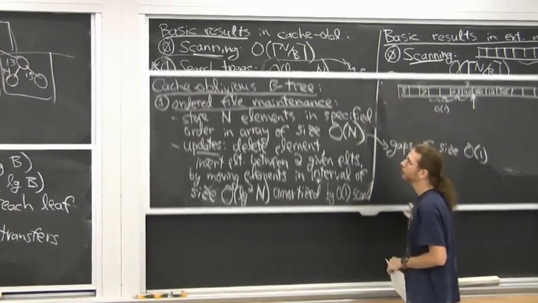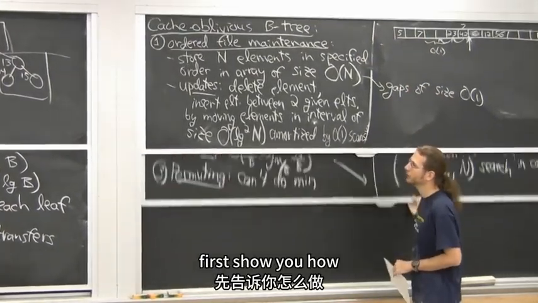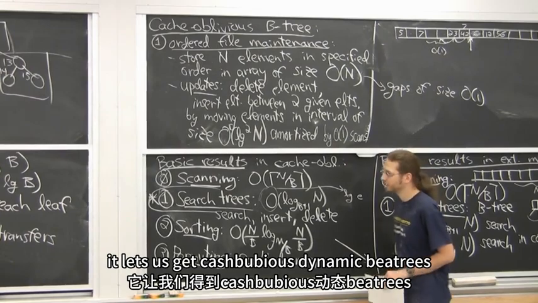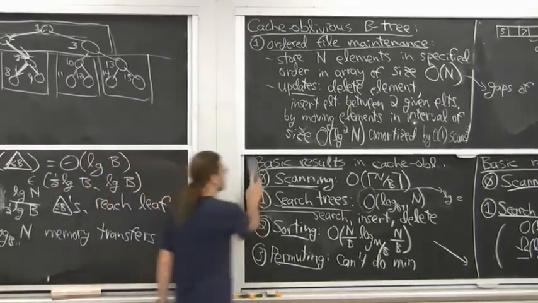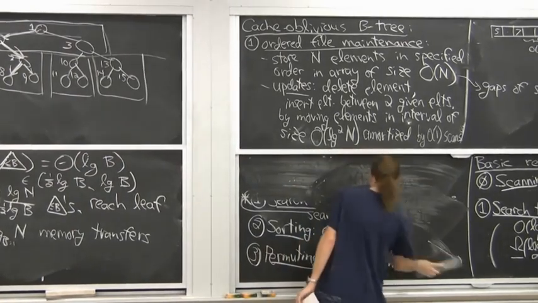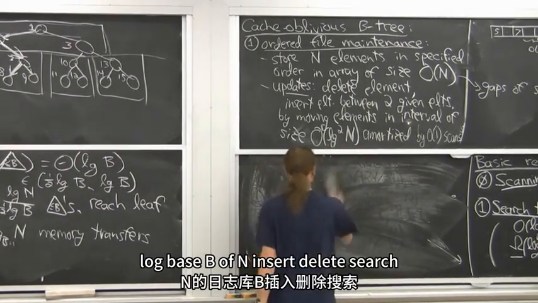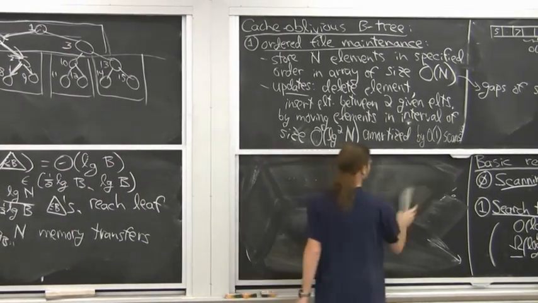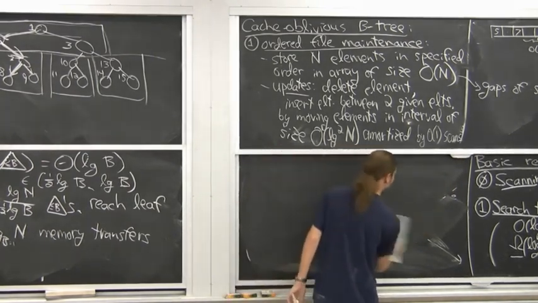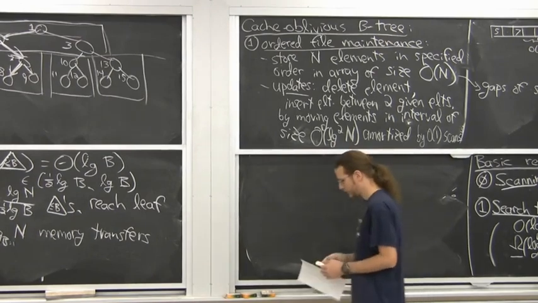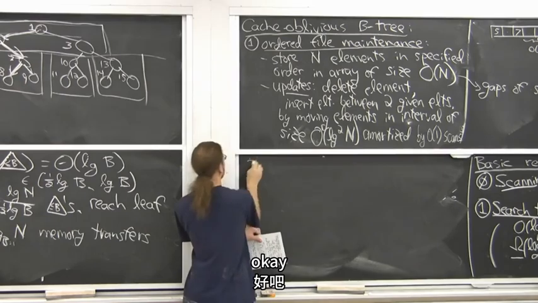But I want to first show you how it lets us get cache oblivious dynamic B trees. Log base B of n, insert, delete, search. Okay.